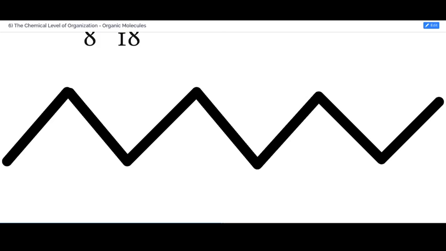If we don't put a letter representing what atom is at that joining of 2 lines, we assume that it's a carbon. If we do write something in, then we'll put an O or an N or an S or whatever for the element that's found at that particular location in the molecule. Hydrogens, however, since there's so many of them, are basically ignored.